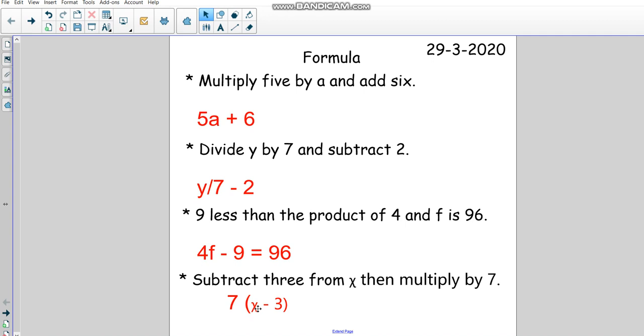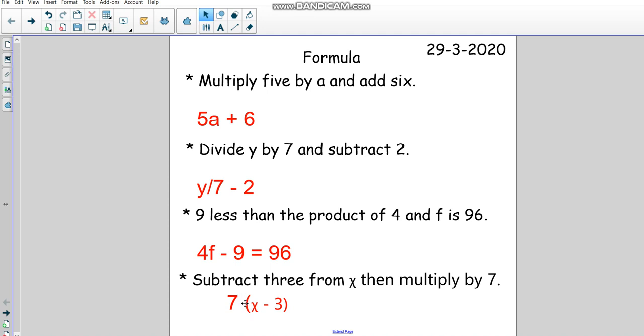Second, the difference of these two values is what I must multiply by 7. And that's why I put the brackets, so that I am able to start with the subtraction first, as BIDMAS says.